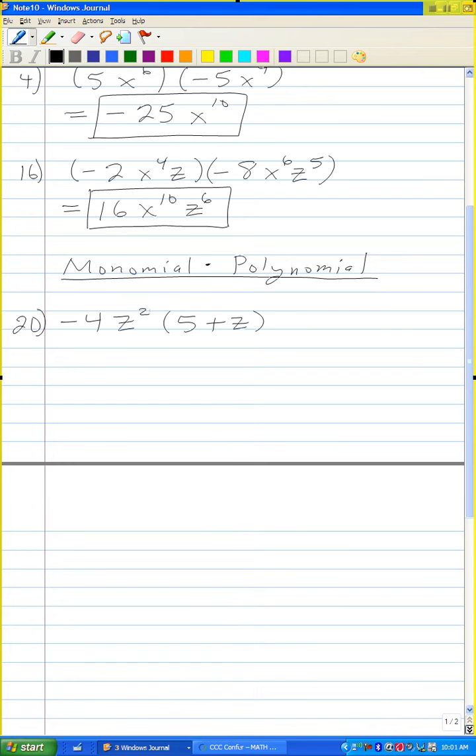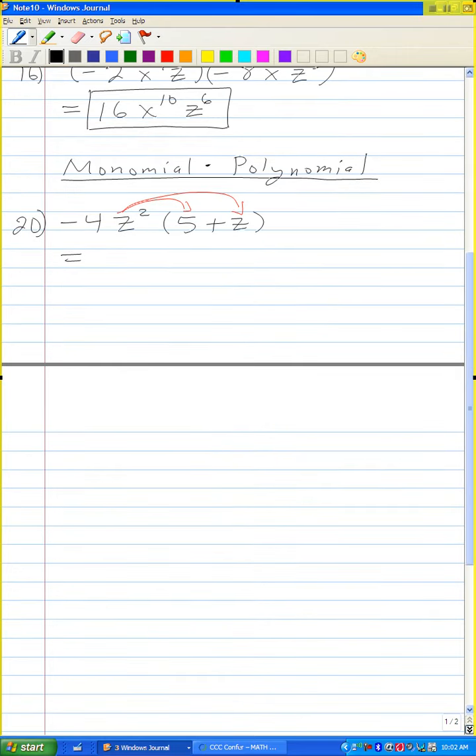In exercises 17 through 40, use distributive law to find the product and simplify the result. So let me multiply each of these inside the parentheses by negative 4z squared. And so negative times positive is negative. 4 times 5 is 20, z squared. Negative times positive is negative. 4 times 1 is 4. Z squared times z is z cubed. And that is your answer.